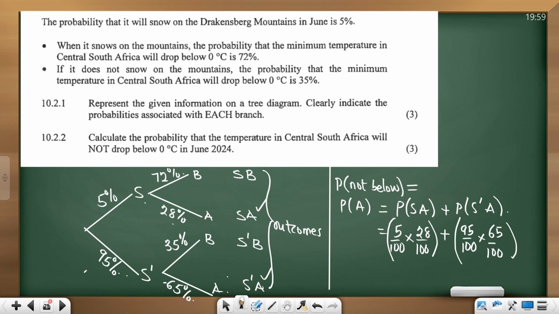Put this in your calculator and you get an answer. That's how we draw our tree diagram, guys.